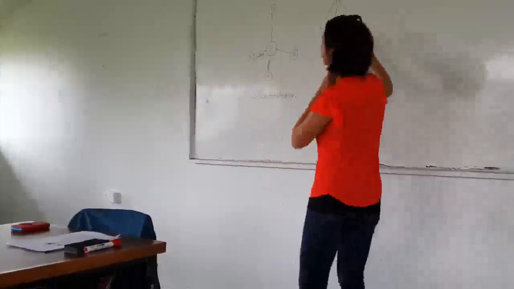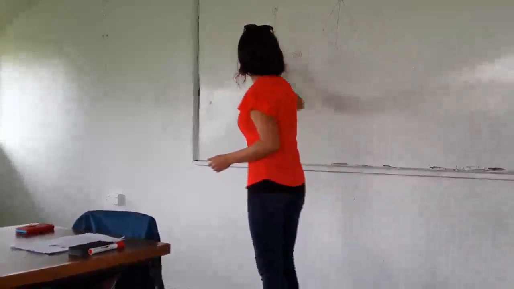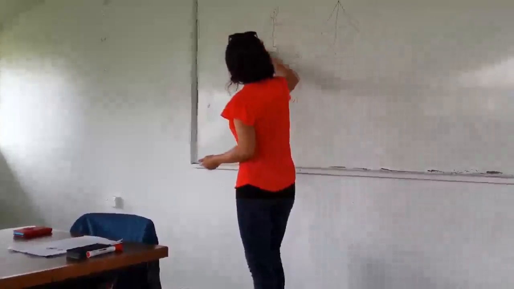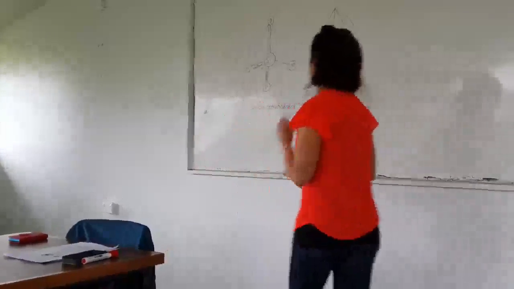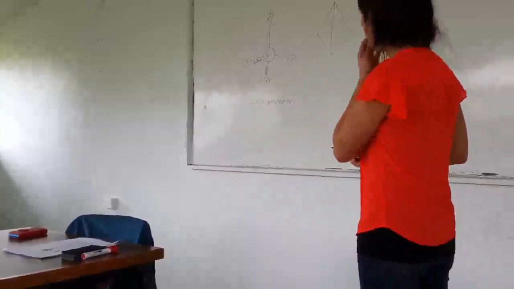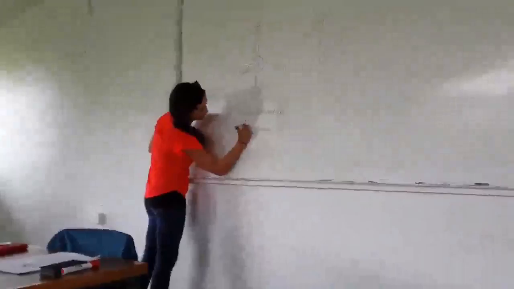But basically it's like a pyramid structure with a silicon atom in the middle, surrounded by 4 oxygen atoms. So that's the silica tetrahedron. Or you can call it silicate ion.